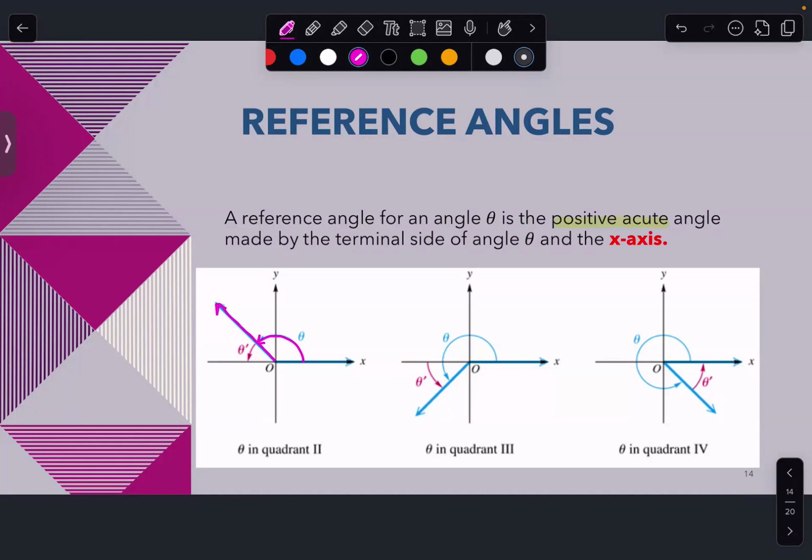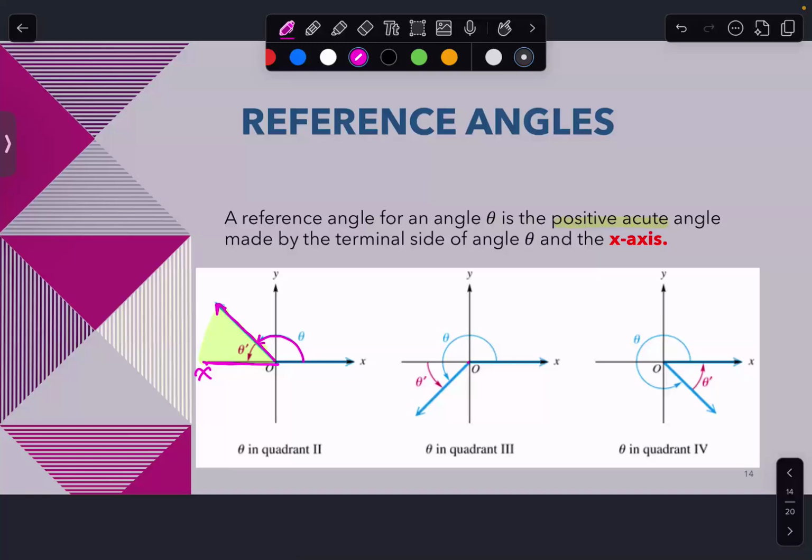So the reference angle would be this other one formed down here that you guys see. It's denoted theta prime, and it's going to be just this part formed by the x-axis and the terminal side. So we will always use the x-axis as our reference here.